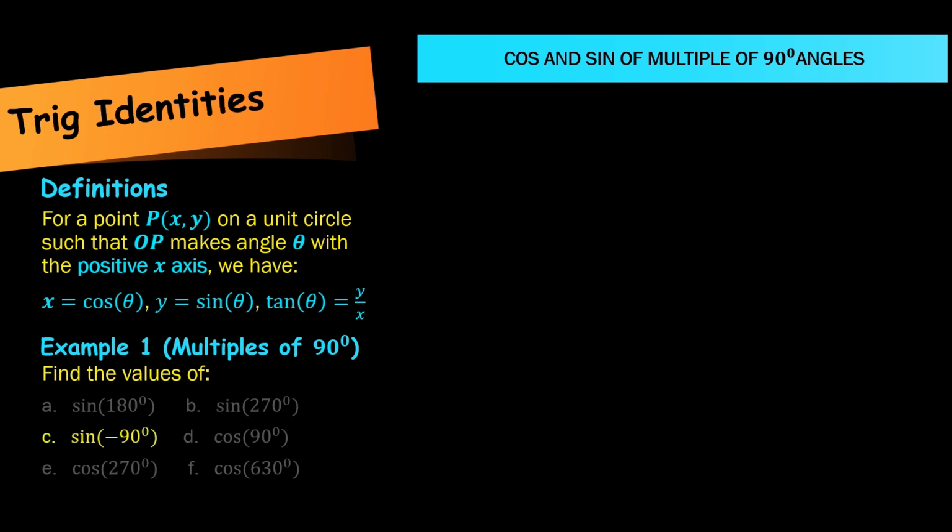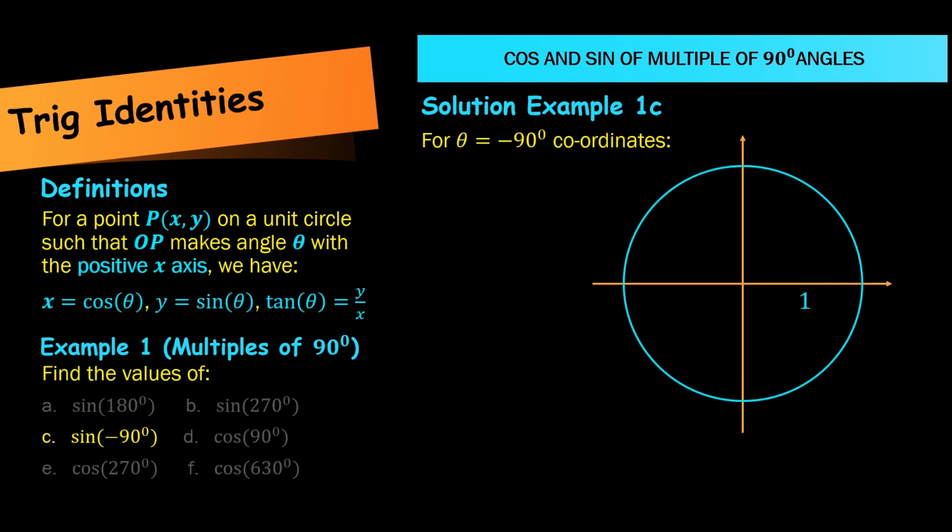What about sine minus 90 degrees? For theta equal to minus 90 degrees, we have these coordinates. We're going clockwise this time as we're considering a negative angle. And so minus 90 degrees is actually equivalent to 270 degrees.